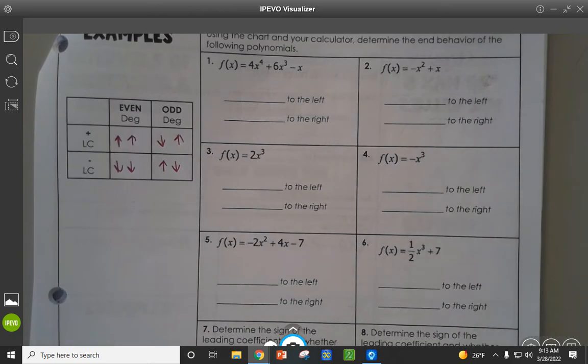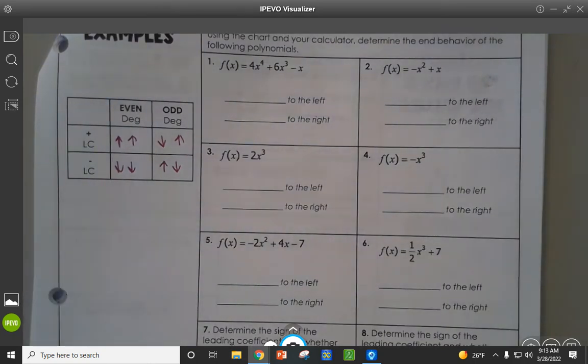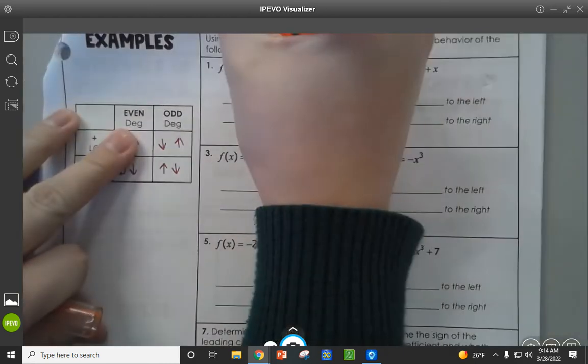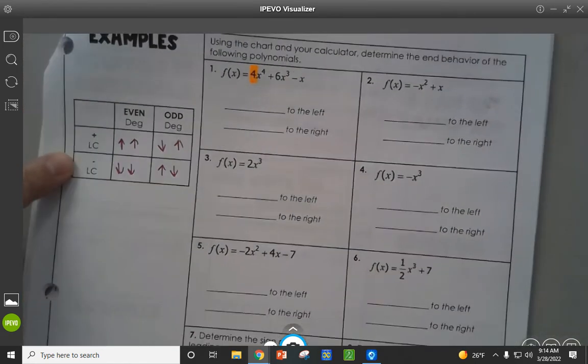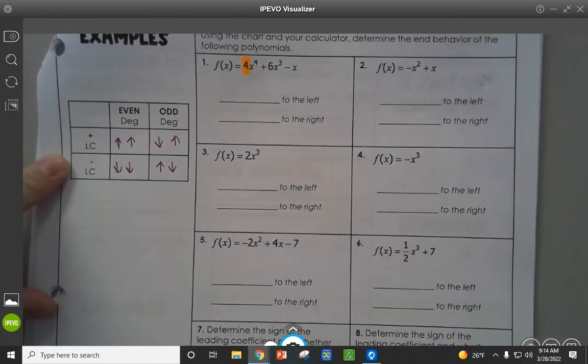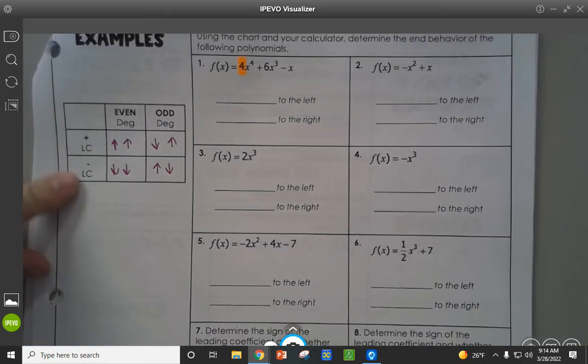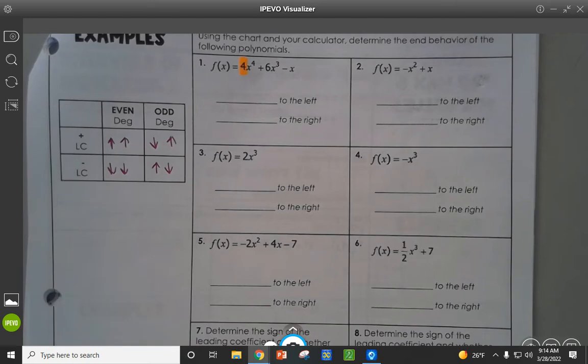So looking at number 1, let's first look at the leading coefficient. That's the number in the very front. And we want to know, is it positive or negative? So is that number in the very front that I highlighted, is that positive or negative?